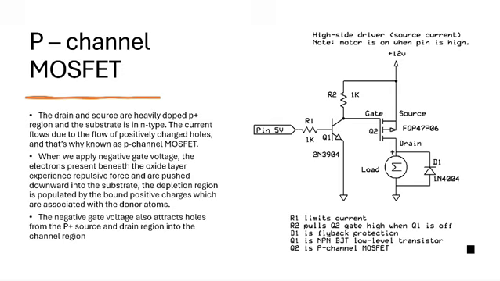When we apply a negative gate voltage, the electrons present beneath the oxide layer experience a repulsive force and are pushed downward into the substrate. The depletion region is populated by the bound positive charges associated with the donor atoms. The negative gate voltage also attracts holes from the P-plus source and drain regions into the channel region.